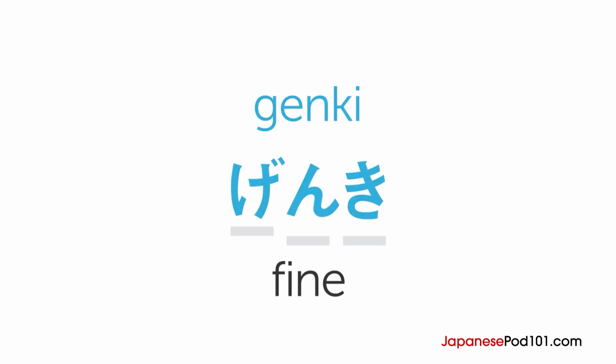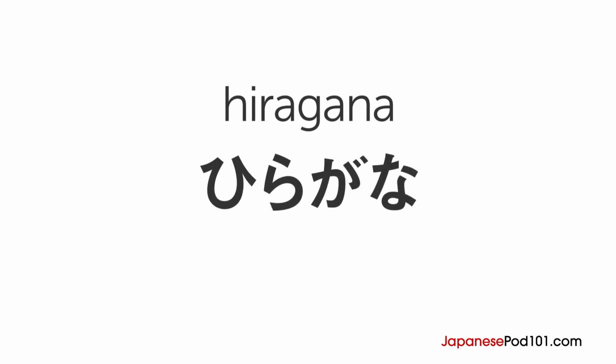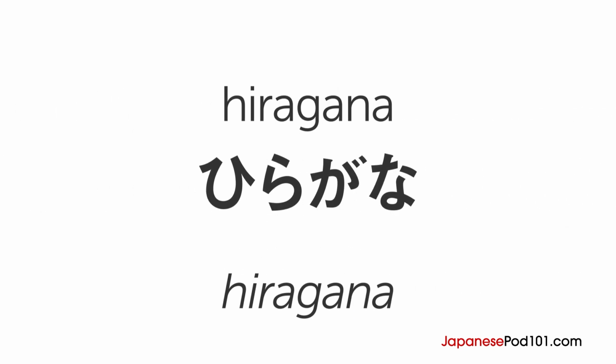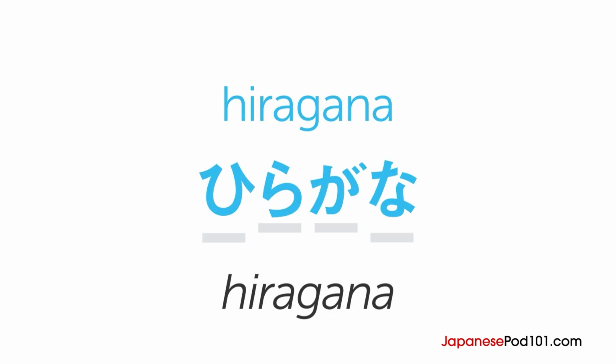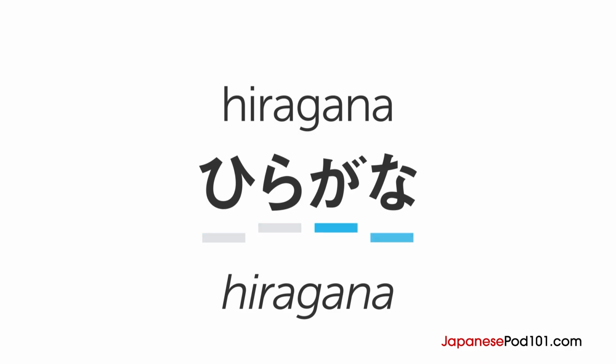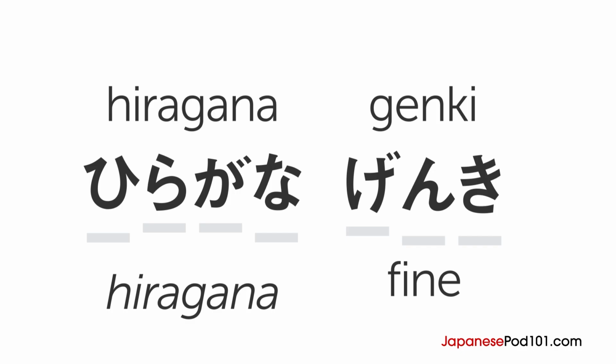Genki, genki, high, low, low. Hiragana, hiragana, low, high, high, low. In all words, the pair of the first two syllables should be high, low or low, high.